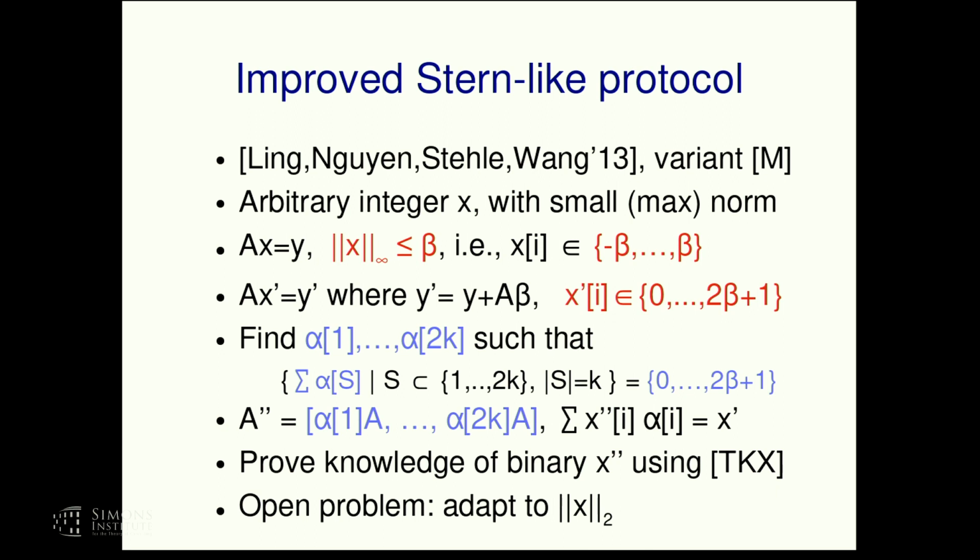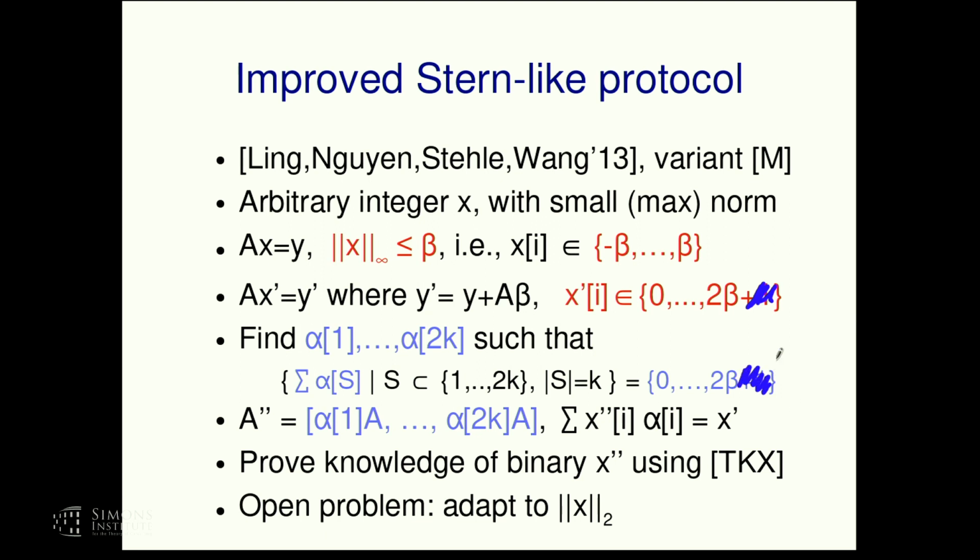So first you can shift it to be all positive by adding beta to all of them. Now you want to show that all the numbers are between 0 and 2 beta. But there are 2 beta plus 1 possible values. And then you can try to write all the numbers between 0 and 2 beta.